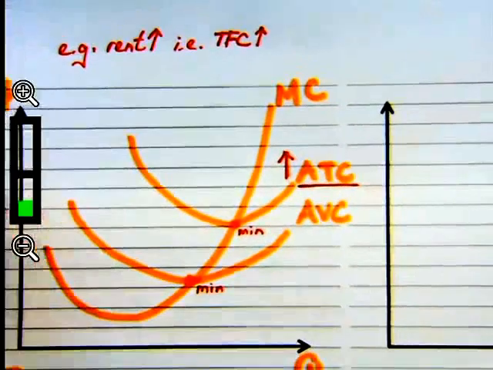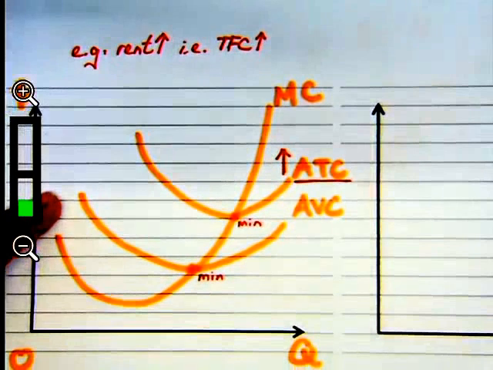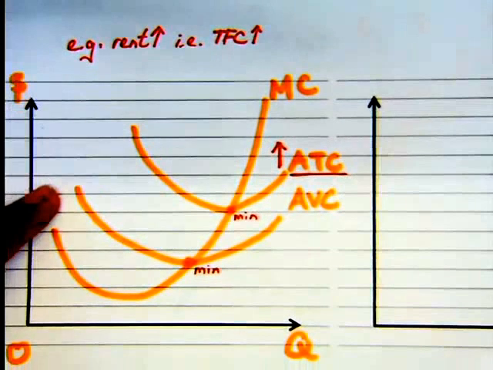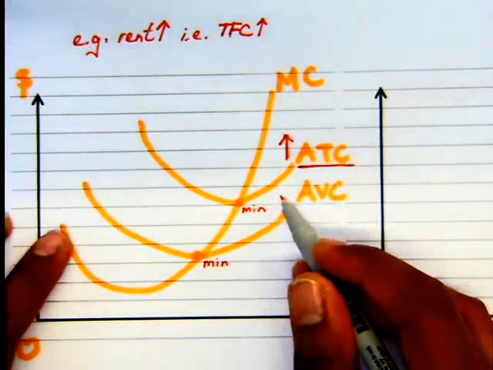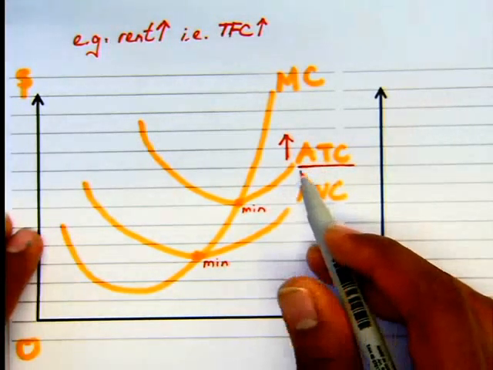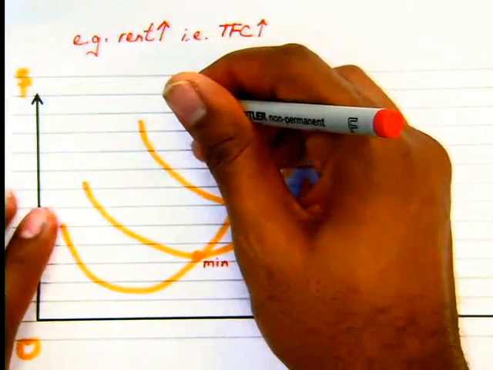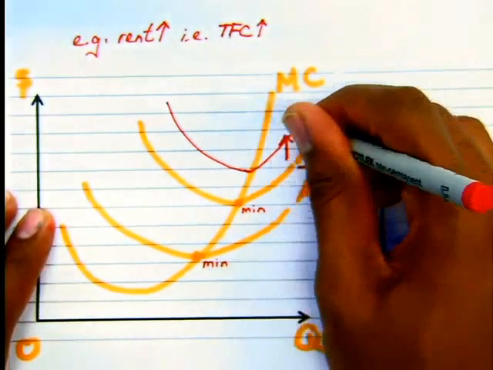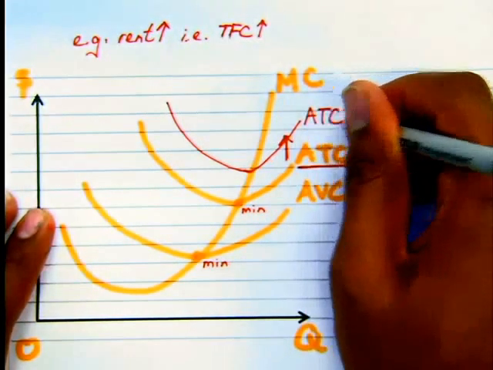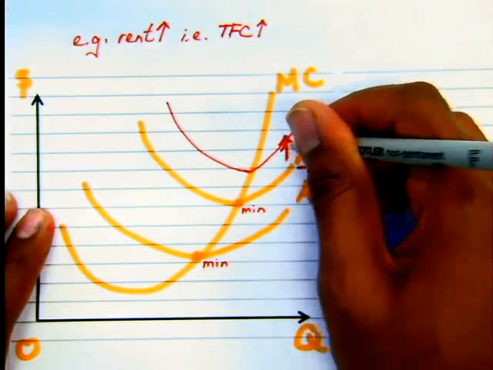So in other words, the marginal cost curve is not going to shift. So the only curve that will shift here is the average total cost. The average total cost will shift upwards. ATC 2.